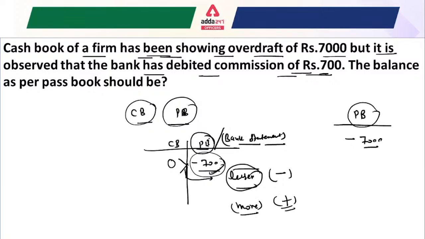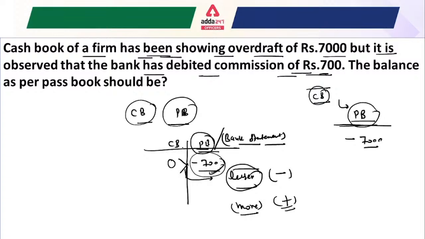This is how we calculate. If the question asks for the passbook, we compare for the passbook. If it asks for the cash book, we choose the parameter for the cash book.